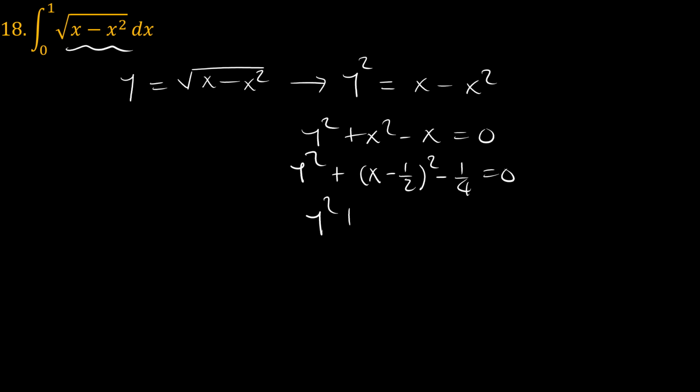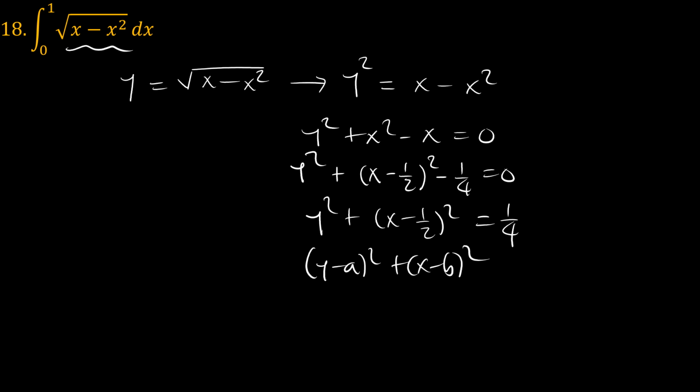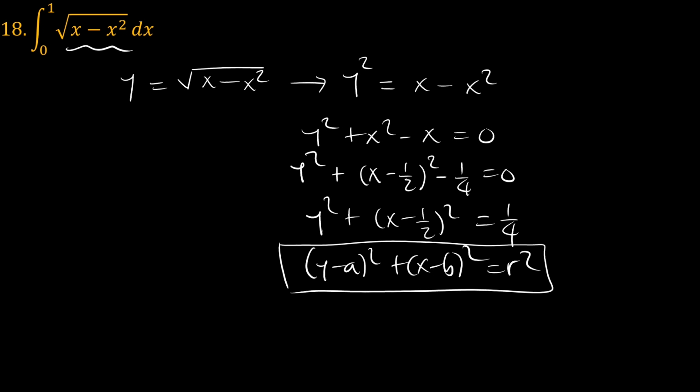So y squared plus (x minus a half) squared is equal to a quarter. So we clearly see that we have this (y minus a) squared plus (x minus b) squared equals radius squared kind of equation, which is something of a circle. But mark you, we want a situation where everything is positive, it's above.